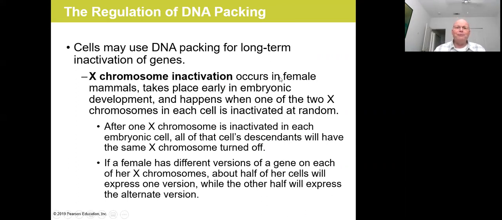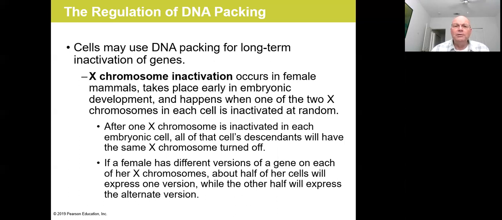A very extreme version of this is something that takes place in all female mammals. You should recall that a female mammal has 2 copies of the X chromosome. And the problem with that is that having 2 active X chromosomes leads to what is known as a gene dosage problem. Too many active versions of the genes on the X chromosomes. What a female mammal actually needs is only 1 active X chromosome.